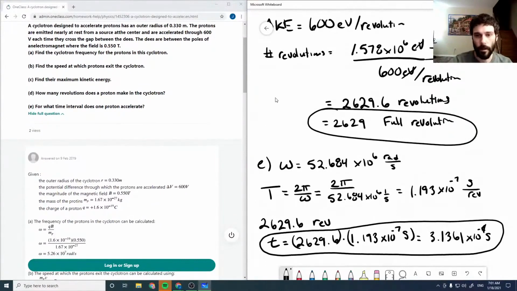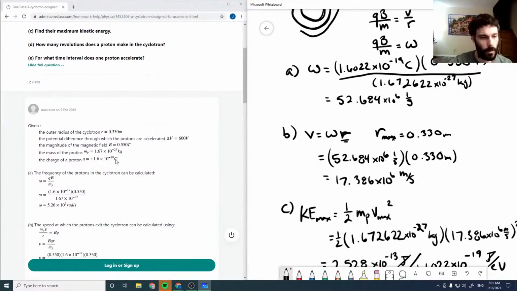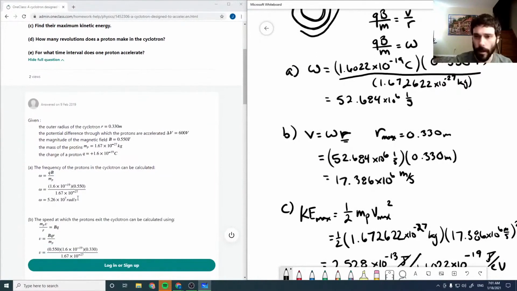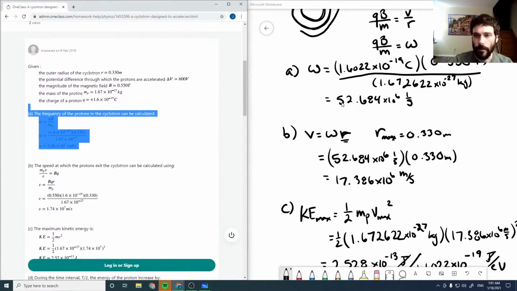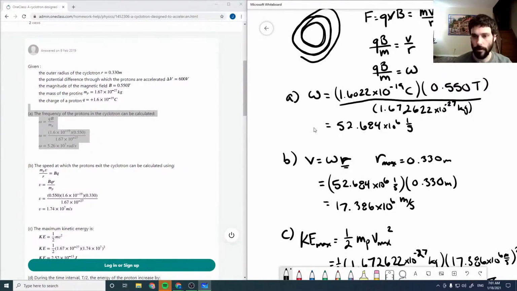So now going through each of these. Here's our frequency, 5.26 times 10 to the 7. I've got 52 times 10 to the 6, so those are really the same. And I've kept quite a few digits. Obviously, it should only be 3 digits for significant figures. And the rest is just rounding differences.